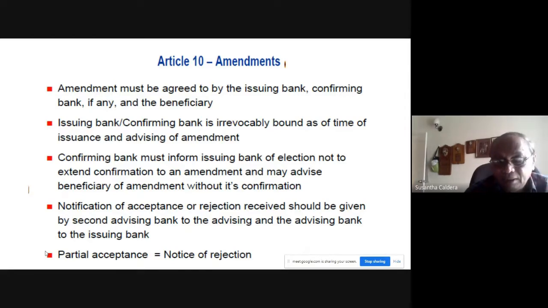I mean, if the customer wants to amend the LC, can the issuing bank say no? Or if the customer wants to amend the LC, are they obliged to issue the amendment? Answer.